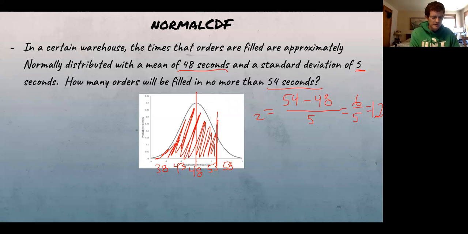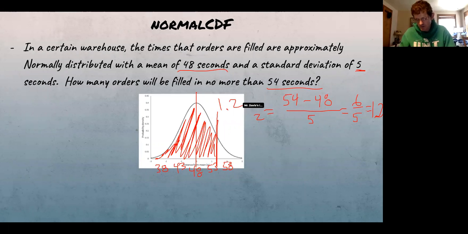Sometimes you get a really weird z-score, but now when I plug this in my calculator, same as before, but instead of my upper bound being at 1, it's going to be at 1.2. So just that 2/10 of a z-score difference means that this area underneath goes from 84% to 88.5%.